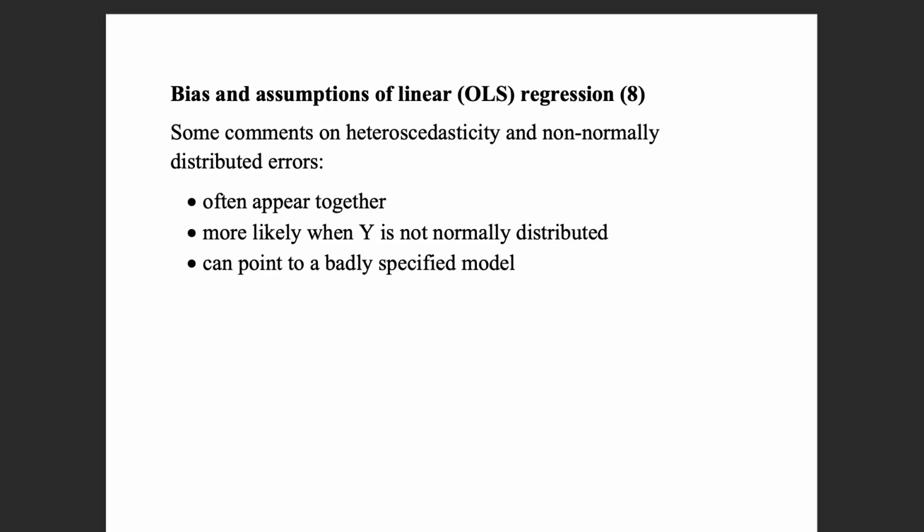And you might have to rethink: is there maybe a different way to set up the model? Do I maybe have a variable in there as a linear effect, which very, very clearly isn't a linear effect, for instance? Then including a nonlinear term for that variable should make the distribution of our errors more homoscedastic and more normal, for instance.